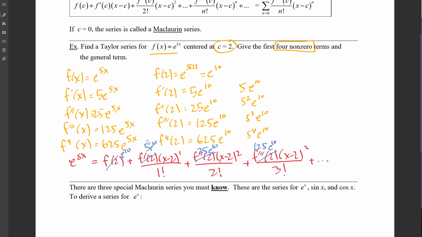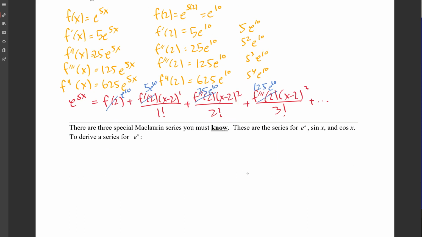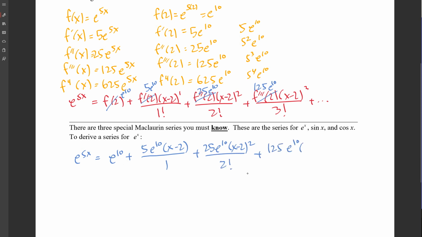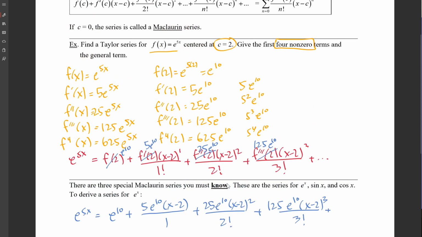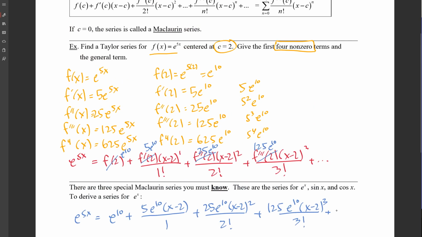All right, so what is this answer going to be? e to the 5x is equal to e to the 10 plus 5e to the 10 times x minus 2, plus 25e to the 10 x minus 2 squared over 2 factorial plus 125e to the 10 x minus 2 raised to the third power over 3 factorial plus, and let's see, did I get what I wanted?